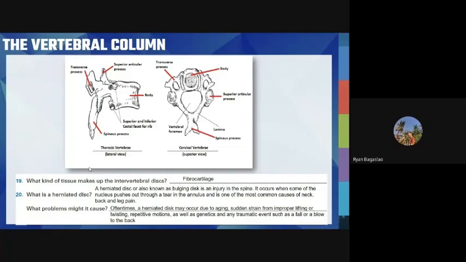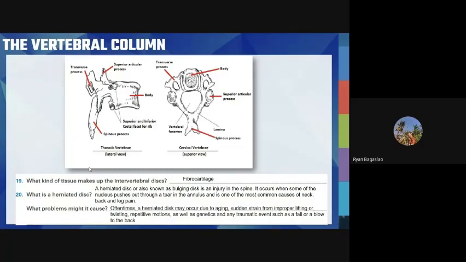Below that is another part of the vertebra, which is called the lamina. And the same as earlier, there are also transverse processes that we can see. We can also see the body and the superior articular process as well as the spinous process.